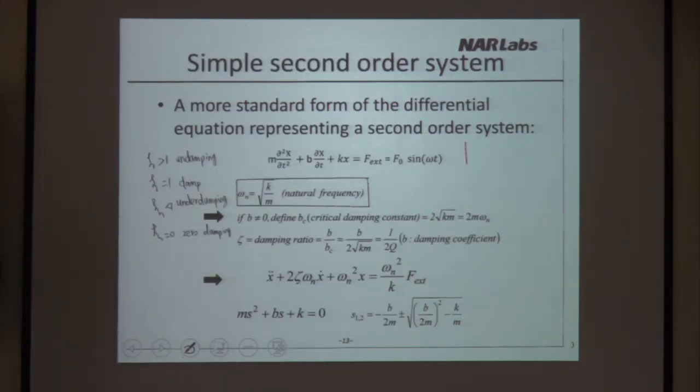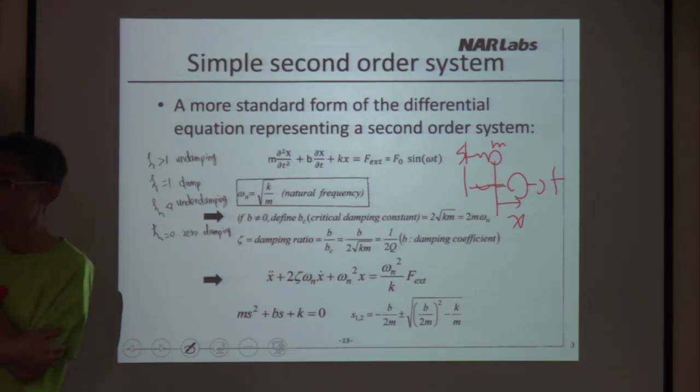So for a system, we apply a force, then the spring becomes longer. So this is the original position. So we use x coordinate to represent the position of the mass M. Now we take this mass out.